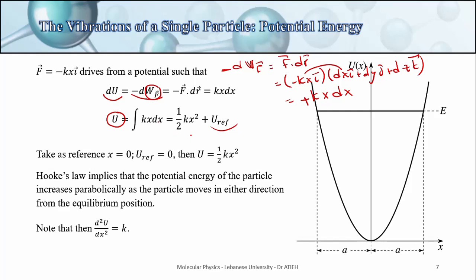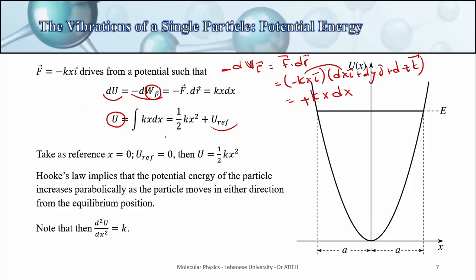We know that when x is equal to 0, we consider that the potential energy is equal to 0. That means when the particle is at equilibrium position, it has no elastic energy. The spring is not exerting any force on the particle, so we can assume that its elastic energy is equal to 0.